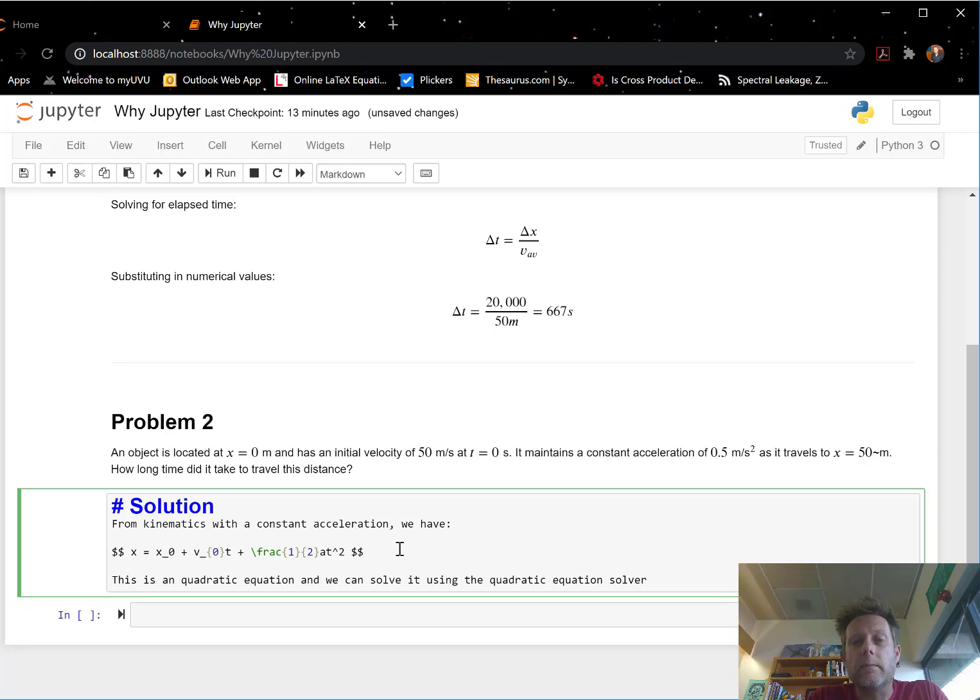Minus b plus minus square root of b squared minus 4ac divided by 2a, right? I'm just going to write that one right here. So t is going to be equal to, that's what you remember this, time. So it's going to be a fraction.